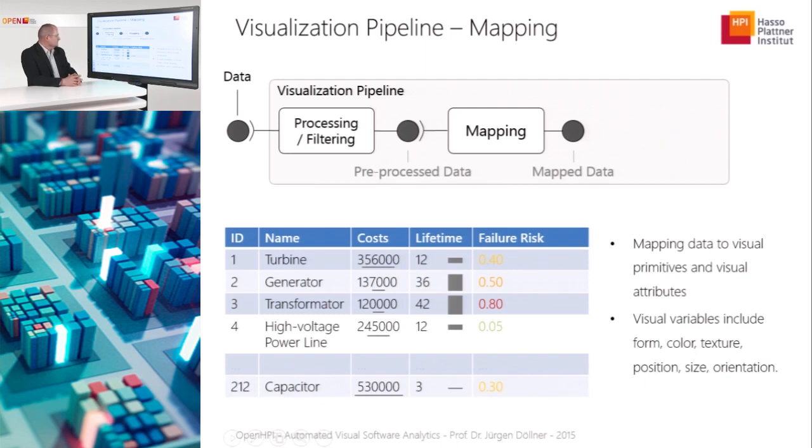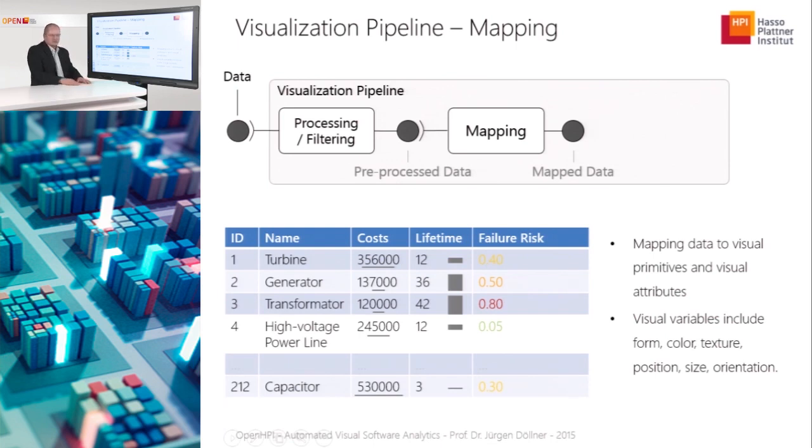Mapping in our short example means, for example, to map entries to visual primitives and corresponding visual attributes. For example, we decided here to map costs onto the width of a diagram, lifetime onto the height that we assign to a box, and failure risk is mapped onto a color scale.